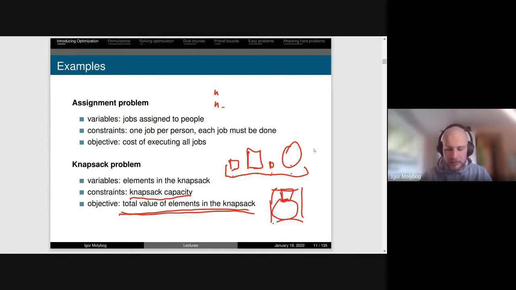Both of these problems are examples of integer linear programming problems, and we will be talking in more detail about these examples. I just wanted you to have a general understanding of what kinds of things could be formulated as integer linear programming problems.